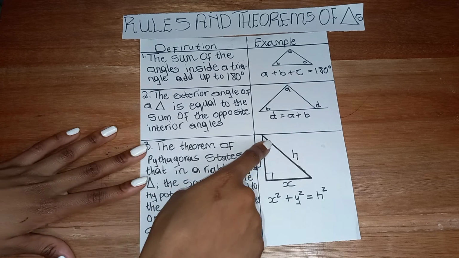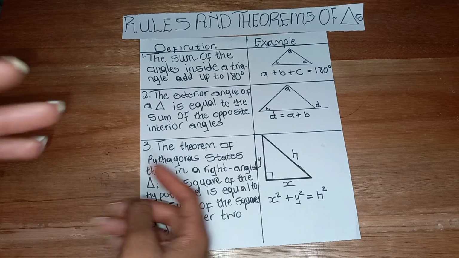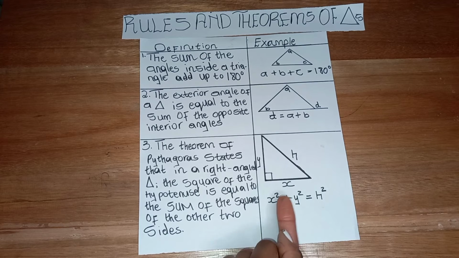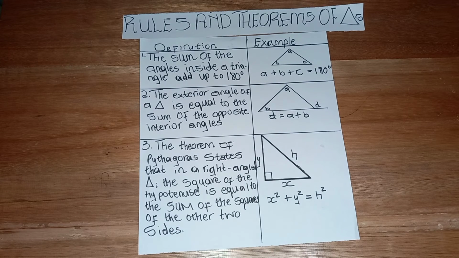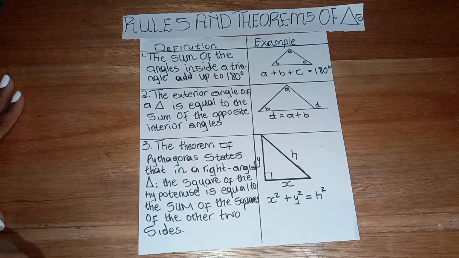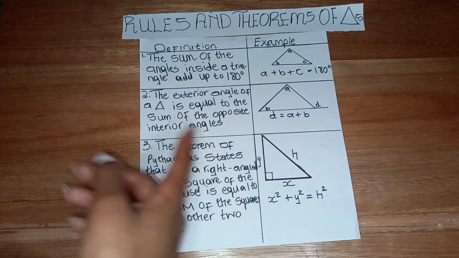So if you want to find this length squared, you just have to add these two other sides squared. Meaning that x squared plus y squared equals h squared. You may be familiar with the formula that says a squared plus b squared equals c squared. It is still the right one. Here I just used variables to show you what I mean.